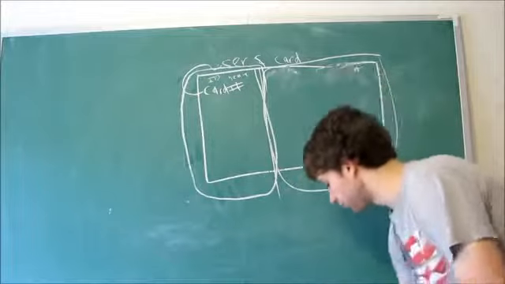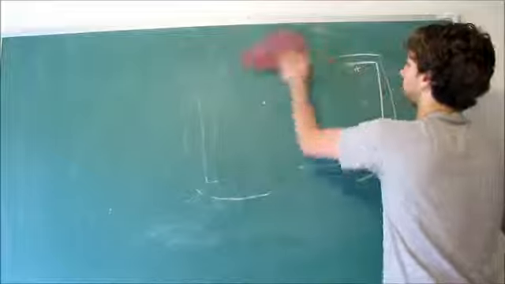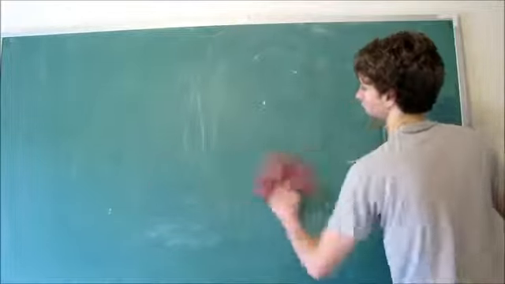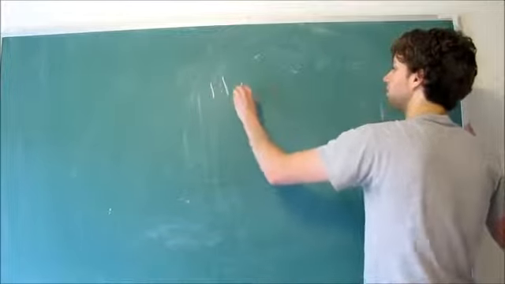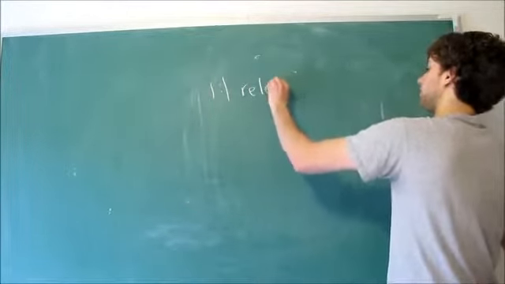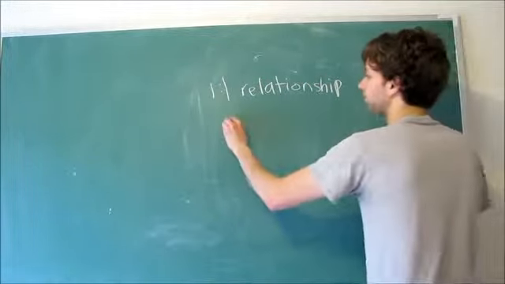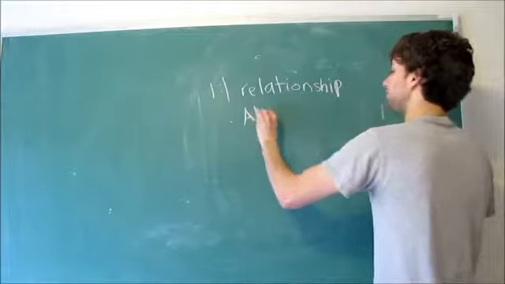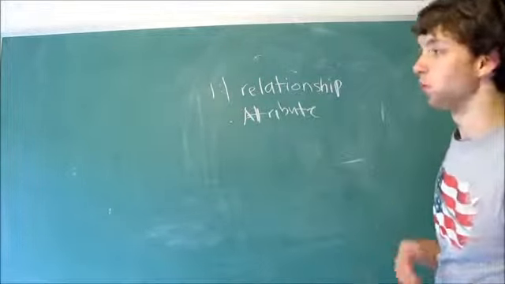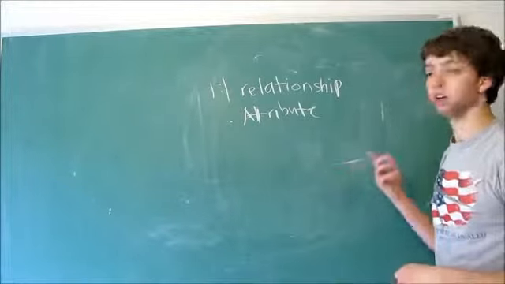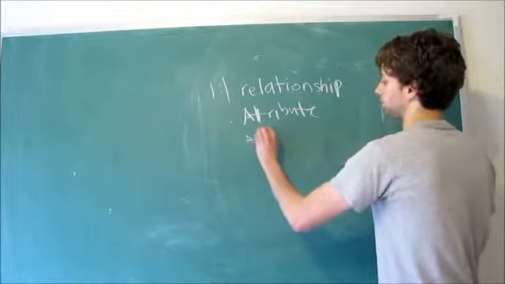So a one-to-one relationship, in conclusion, the way it is stored is either an attribute within the table, or if you need to store more information about the entity, then we can have another table.